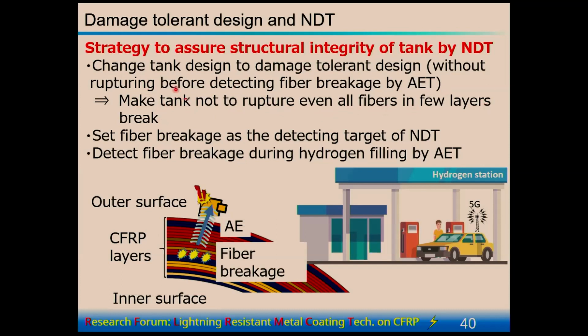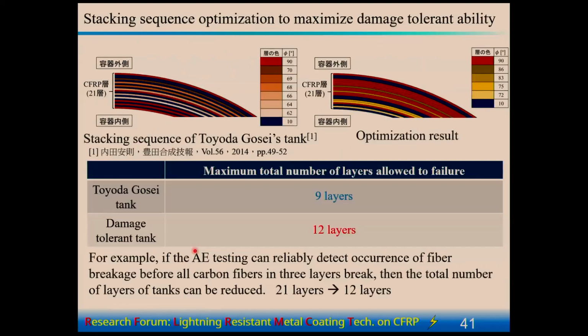So we change the tank design, and we detect the fiber breakage by acoustic emission testing before rupture. And we made an optimization method for the stacking sequence to maximize the damage tolerance. So now we can maximize the damage tolerant abilities.